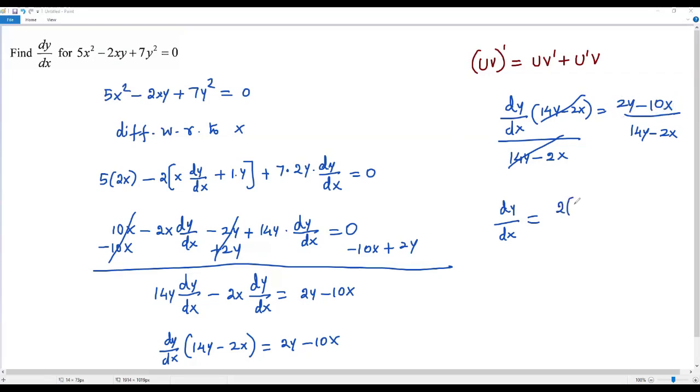If I factor 2 out, I get y − 5x inside the parentheses. In the denominator also, 14y and negative 2x both have the greatest common divisor 2, so we can factor 2 out. If 2 is factored, I get 7y − x. Then this 2 will cancel out, and we get dy over dx equals (y − 5x) over (7y − x).